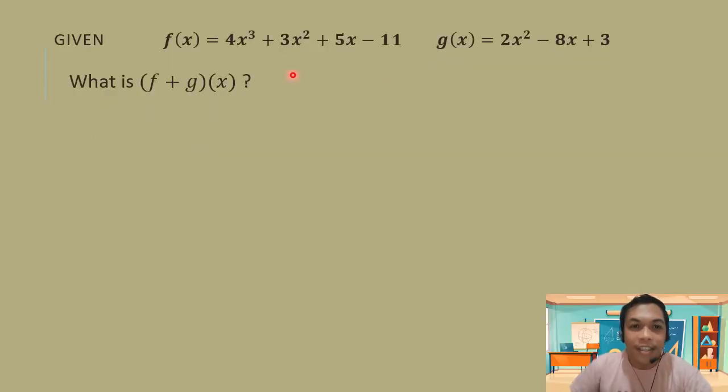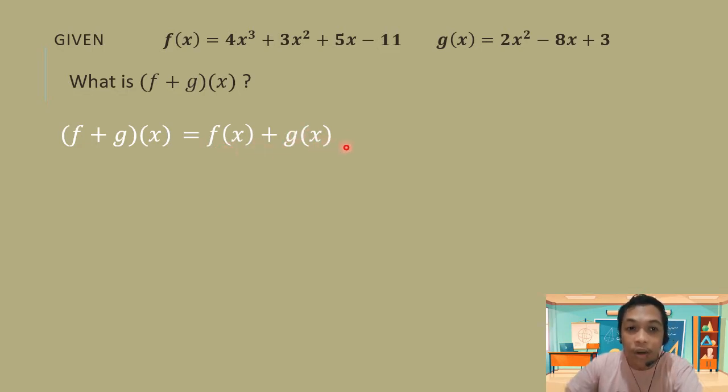Okay, now let's start. Given that we have the two functions f of x is equal to 4x cubed plus 3x squared plus 5x minus 11, and g of x is equal to 2x squared minus 8x plus 3. What is f plus g of x? So f plus g of x, that is also equal to f of x plus g of x.